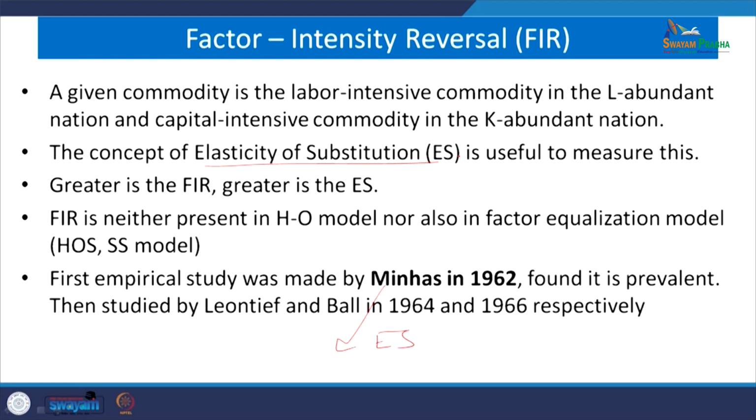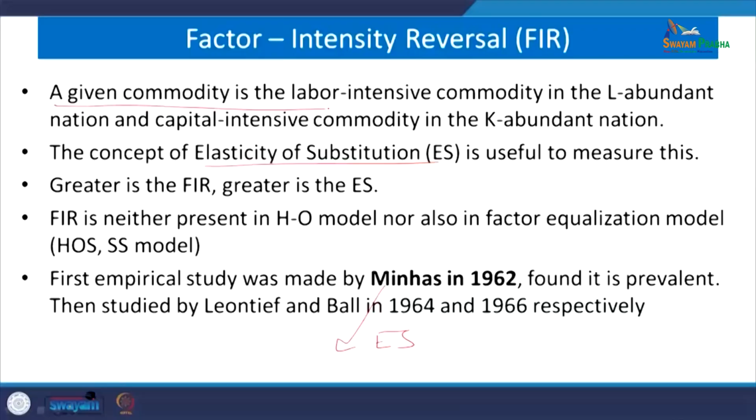This elasticity of substitution, the percentage change of substitution with respect to the given engagement in the sectors, identified by Minhas, gave a very different result compared to the HO theorem. They contradict the HO theorem. They said that a product which is defined to be labor intensive in one country may simultaneously be capital intensive in another country.